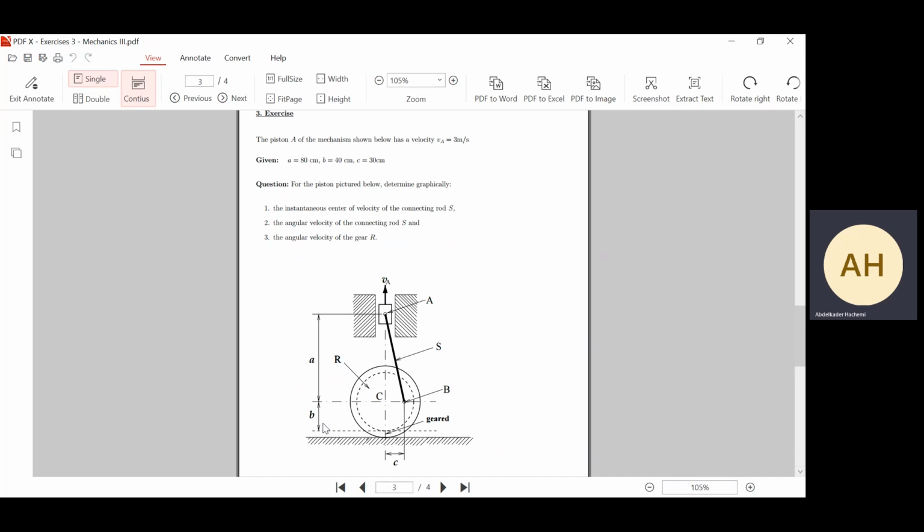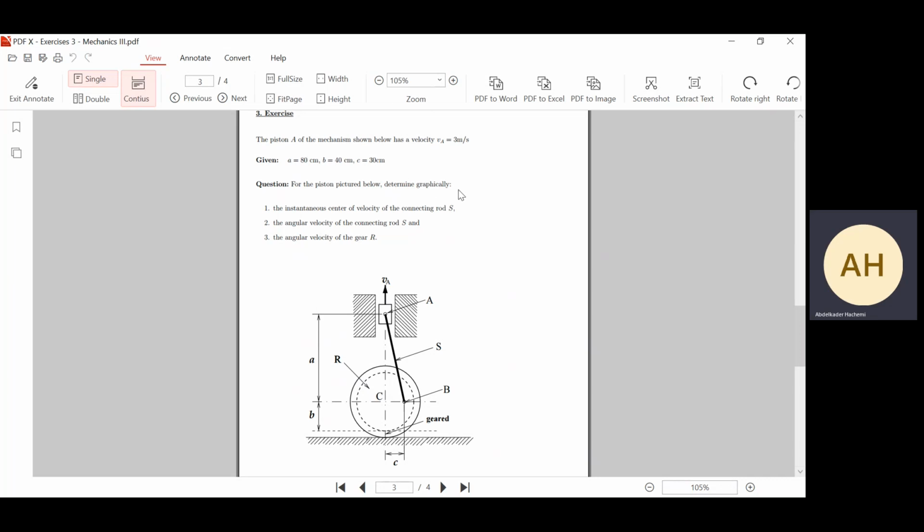We have the distances A, 80 centimeters, B, 40 centimeters, and C, 30 centimeters, for the piston here.